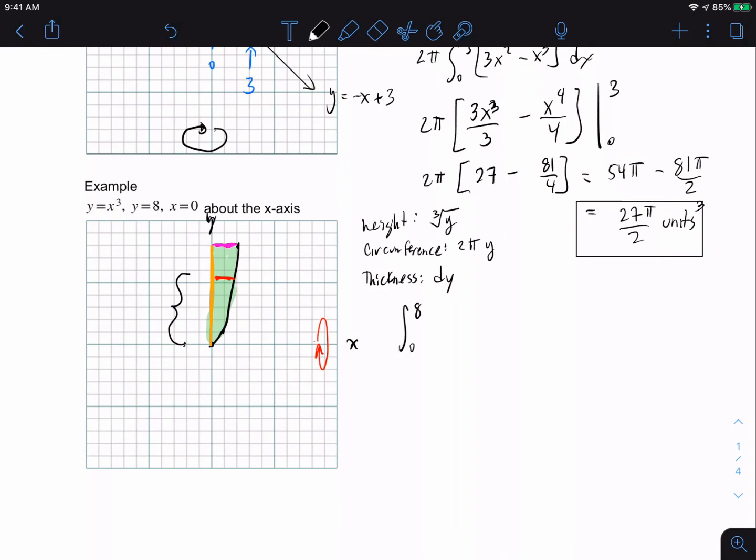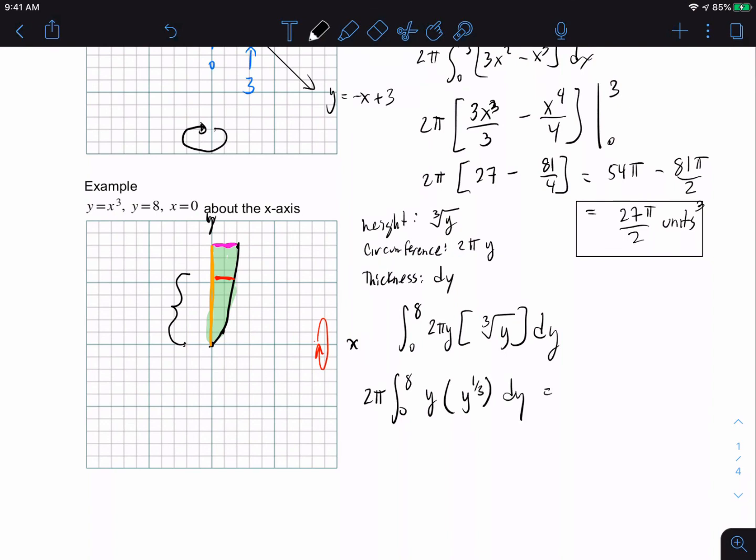And instead of writing it outside, I'm going to write it inside this time just so you guys can see. It's going to be the circumference times the height times the thickness. Okay? And then when I rewrite it, 0 to 8, I'll put the 2 pi out. I'm going to write it as y times y to the 1/3 dy.